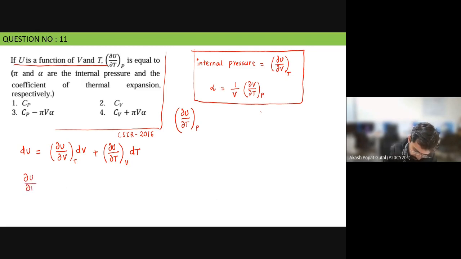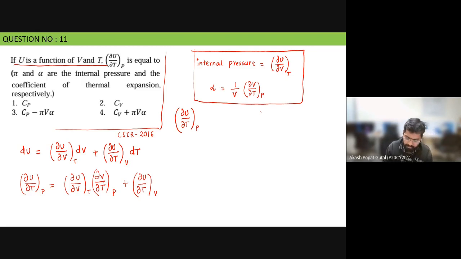Del U by del T at constant pressure will be del U by del V at constant temperature, where you will naturally find the internal pressure, times del V by del T at constant pressure, plus del U by del T at constant volume, and del T by del T at constant pressure will be 1.